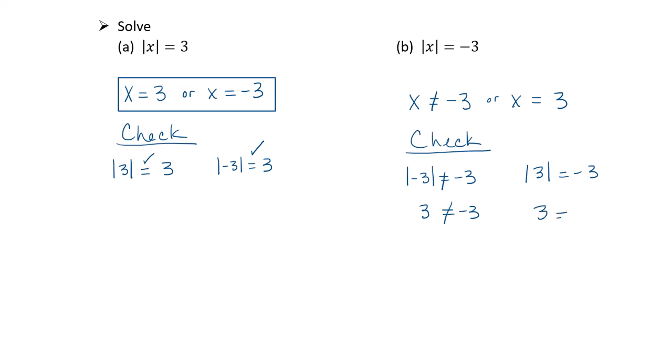This means 3 equals negative 3. We know that's not correct either. Neither of these are correct because the initial statement was not correct. The absolute value of a number cannot be a negative number. For this one, we'll have to say no solution.